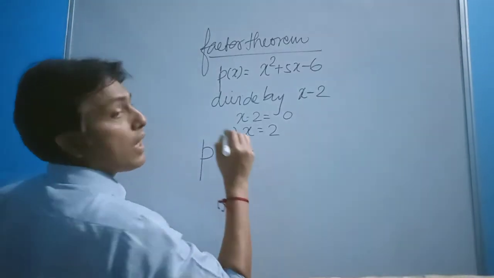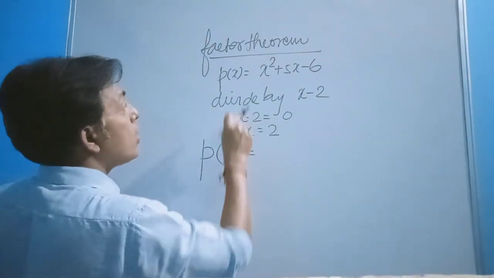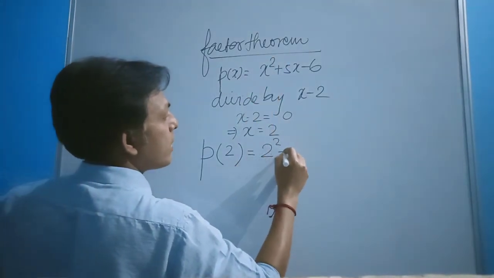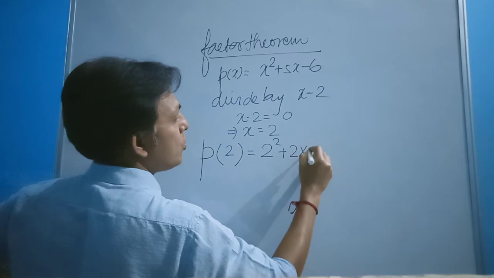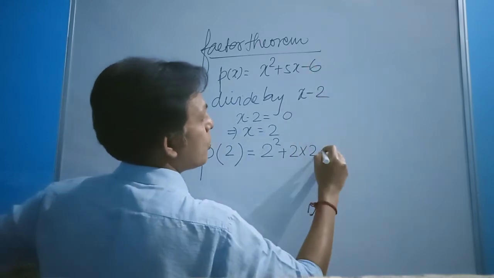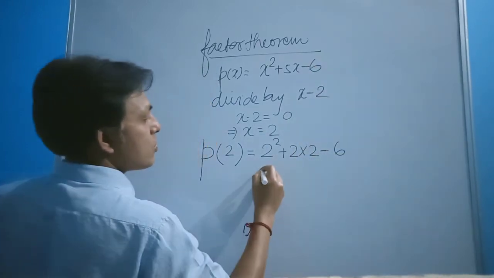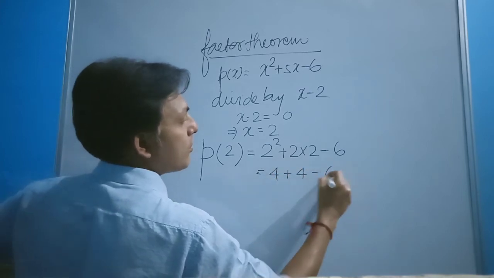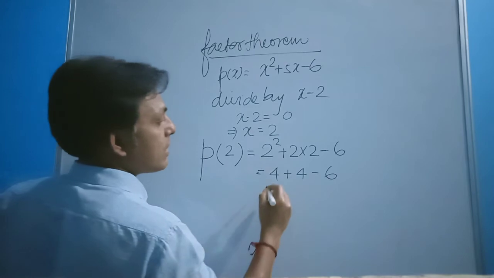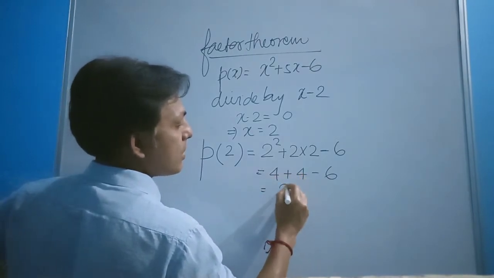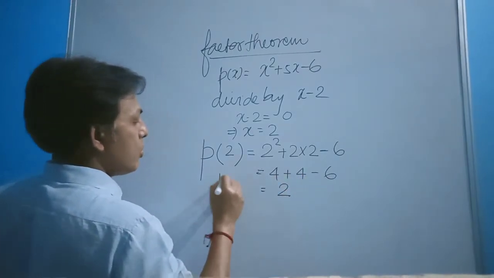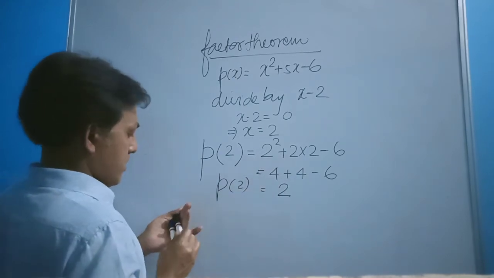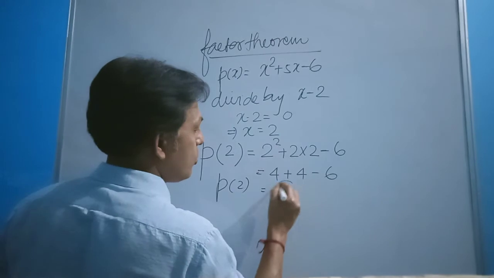Now get the actual value. So all x replaced by 2. So 2 square, 2 into 2 minus 6. Solve it: 4 plus 4 minus 6. Correct? Becomes 2. So what is the value of the remainder? 2.